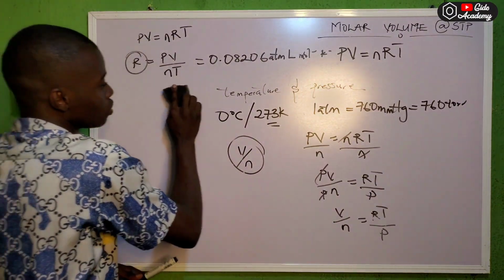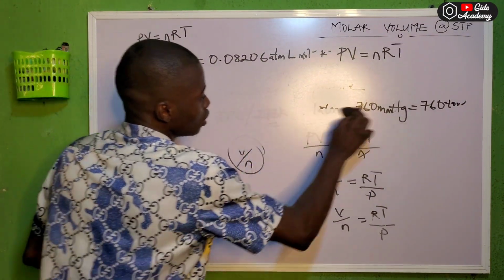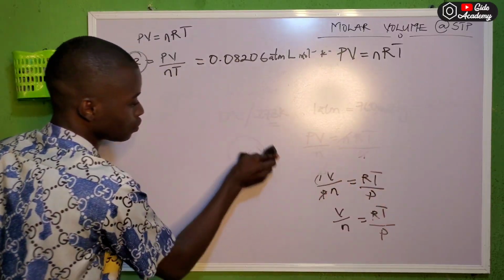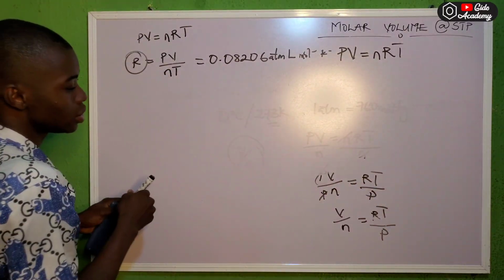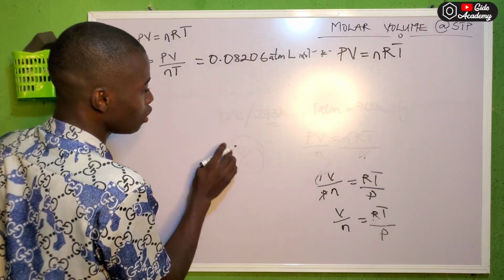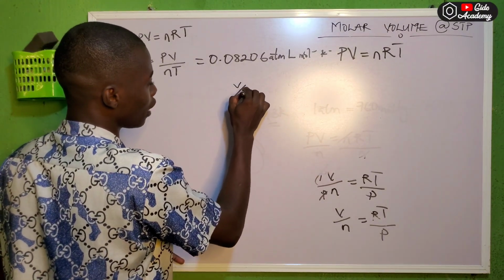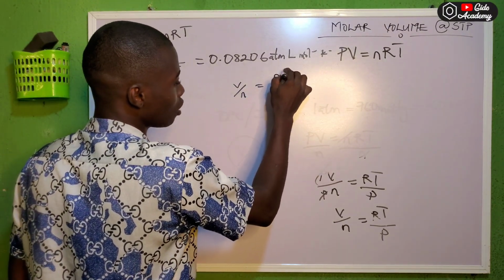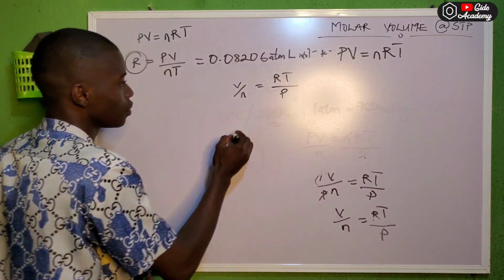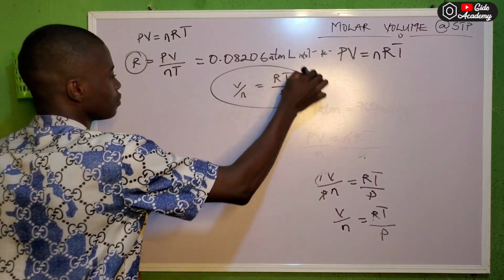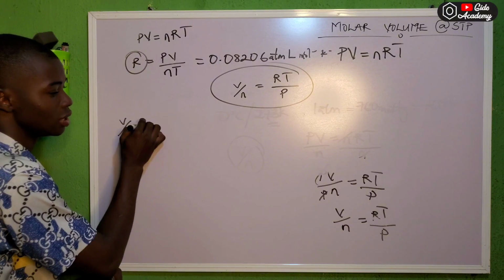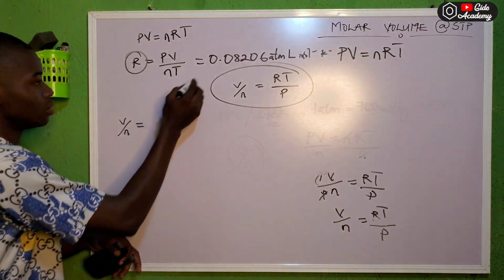So let's try something out. The formula remains V over n equals RT over P, whereby V over n equals, what's the value of R?